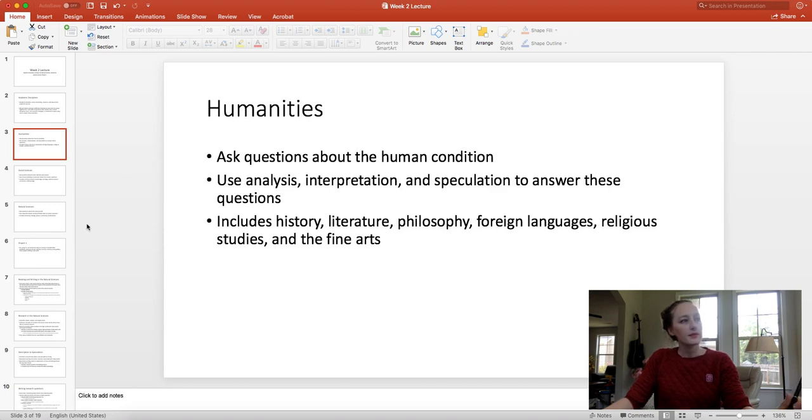So the first one I'm going to talk about today, it's not the first one we're going to talk about in the unit, and that's the humanities. Most of you are probably familiar with writing in this discipline. This is probably the most familiar to you because most of your writing was likely done in English class, and English is part of the humanities. So the humanities ask questions about the human condition.